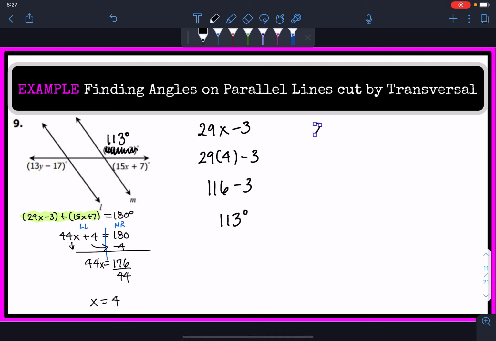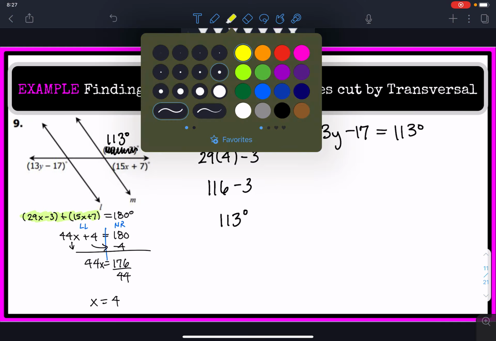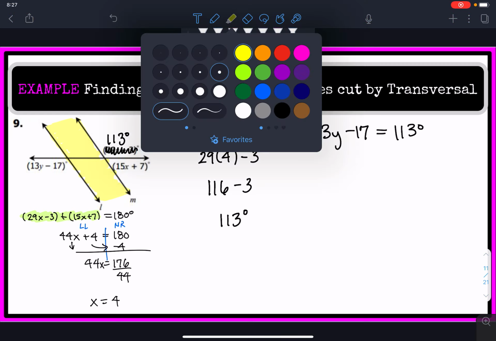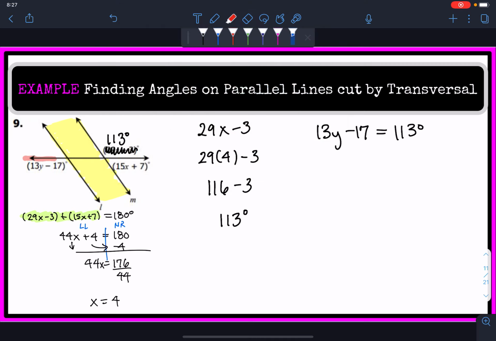So 13y, sorry about that, let me write that again, 13y minus 17, there we go, is equal to 113. And again, the reason why they're equal to each other is because they are alternate exterior angles. Look, here's the interior, here are the two parallel lines, L and M, and the inside is what I've highlighted in yellow. The transversal is this horizontal line.